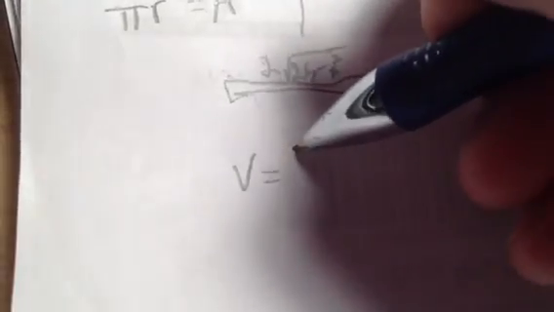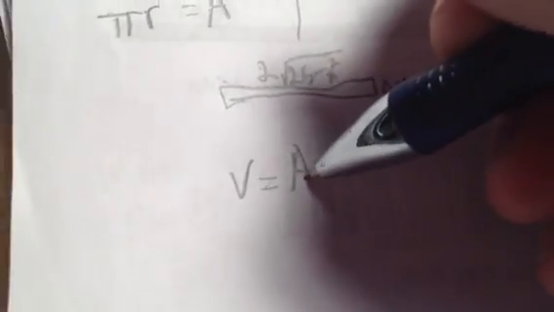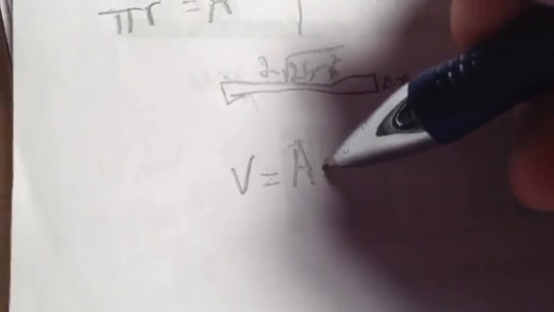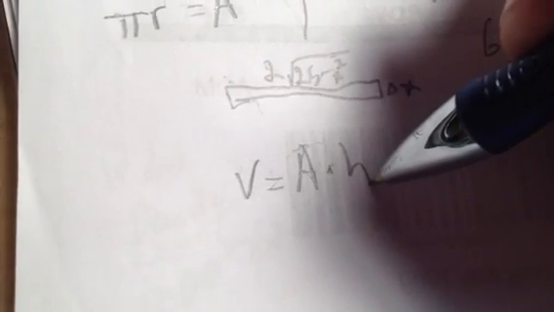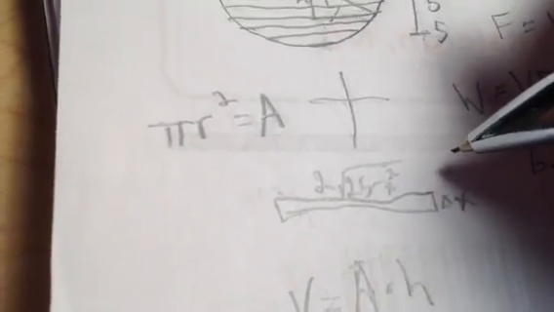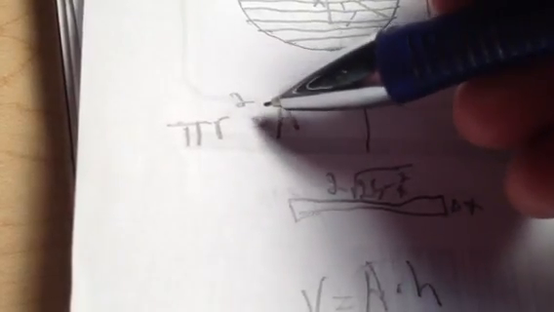equals the area of the base times height. And so the area of the base is pi r squared.